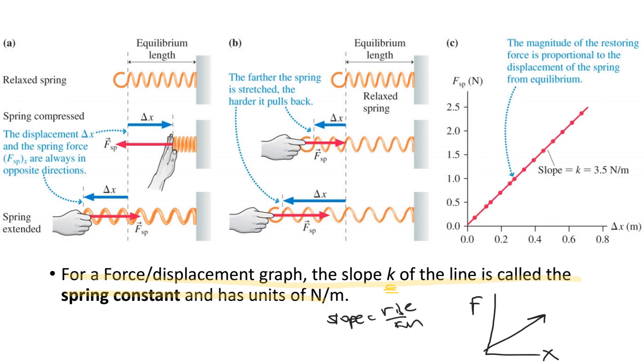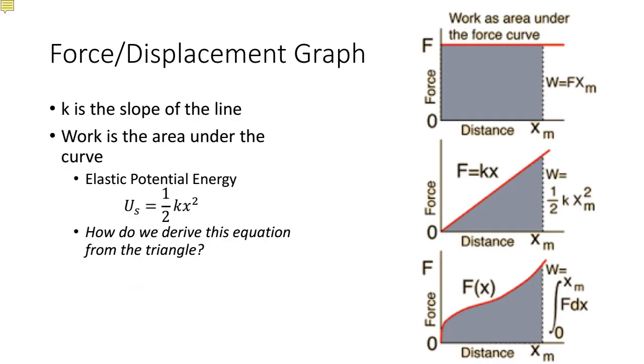So in this situation, the rise would be force, the run would be displacement. You might remember F equals kx. If you were to get k by itself, it would be F over x. So that means that the slope of the line, F over x, would equal k. So we know that k is the slope of the line.